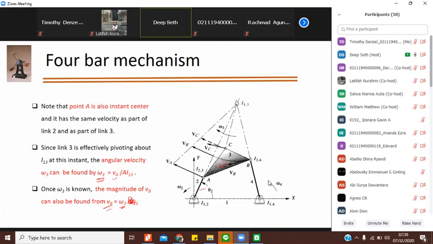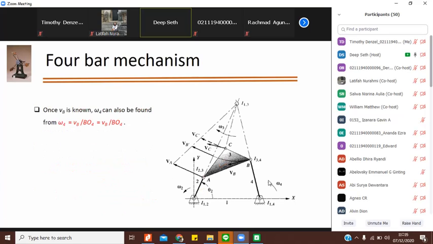This is wrong. B to I13. You can find VB as omega 3 times B to I13. And similarly, you can find VC. You just have to find this distance to I13.